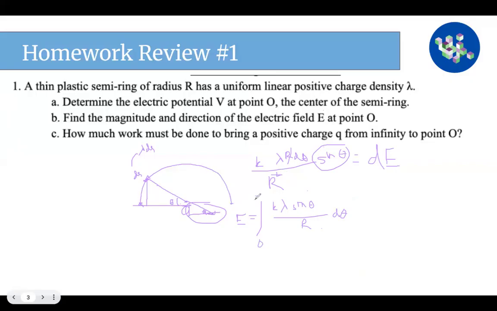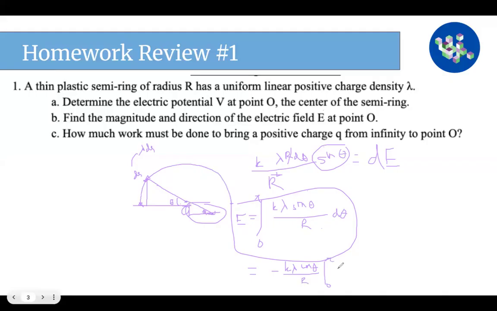And then all you have to do is just solve the integral. I think you'll find that this will be negative k lambda cosine theta divided by big R, evaluated at 0 and pi.